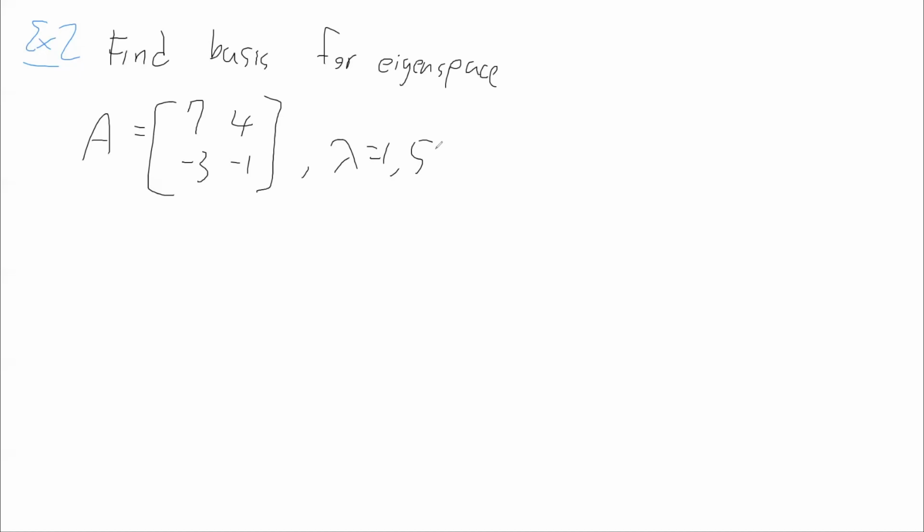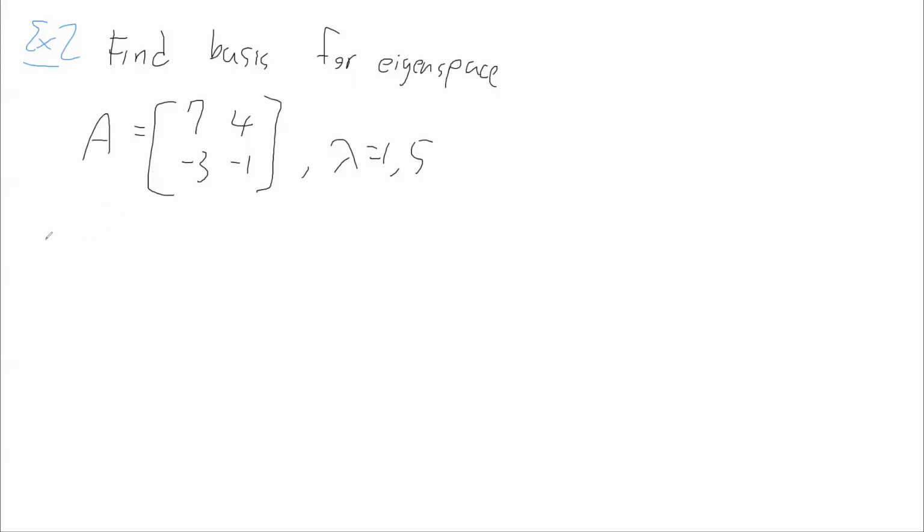And from theorem 2, we know for sure that distinct eigenvalues will give us linearly independent eigenvectors. So let's do that real fast.